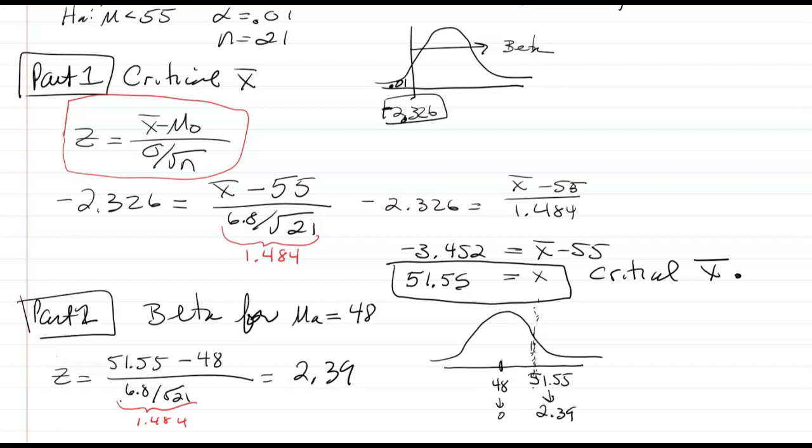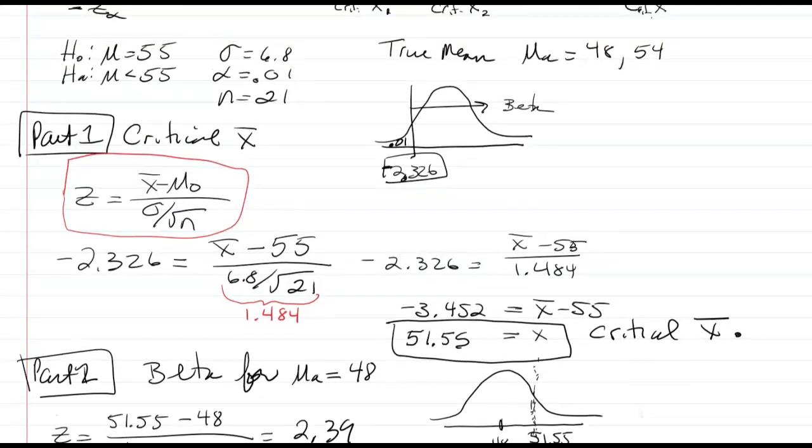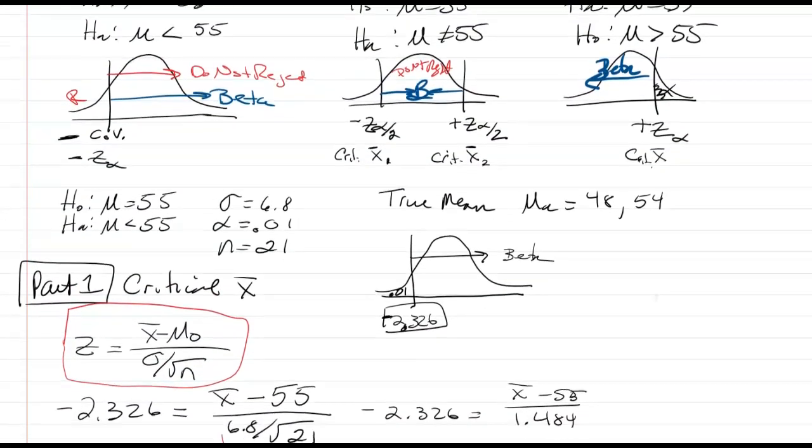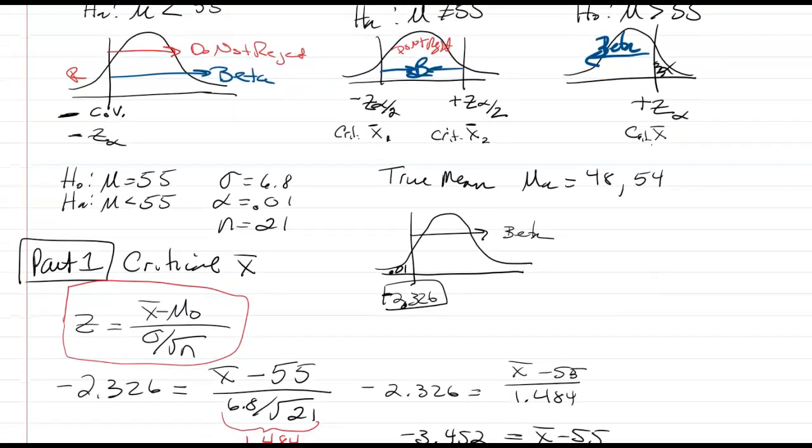Now this is where I need you to stop. Beta, of course, is the probability of not rejecting. And this is where, at the beginning, when I had you draw this picture, because remember, initially this was a left-tailed test.